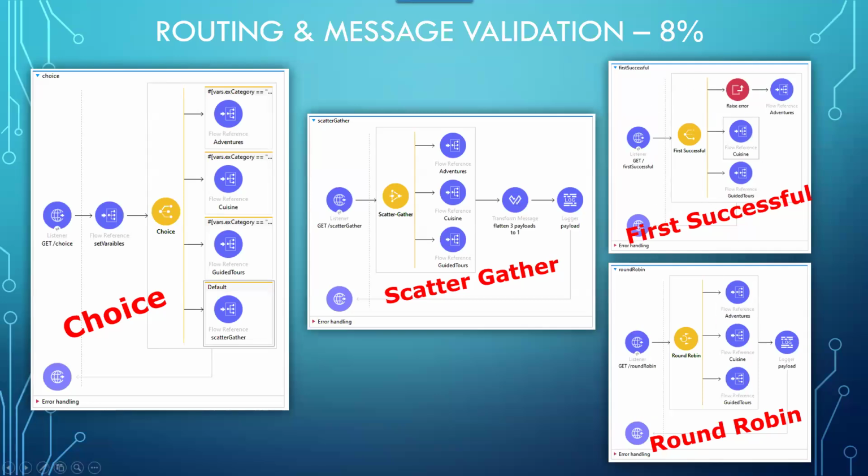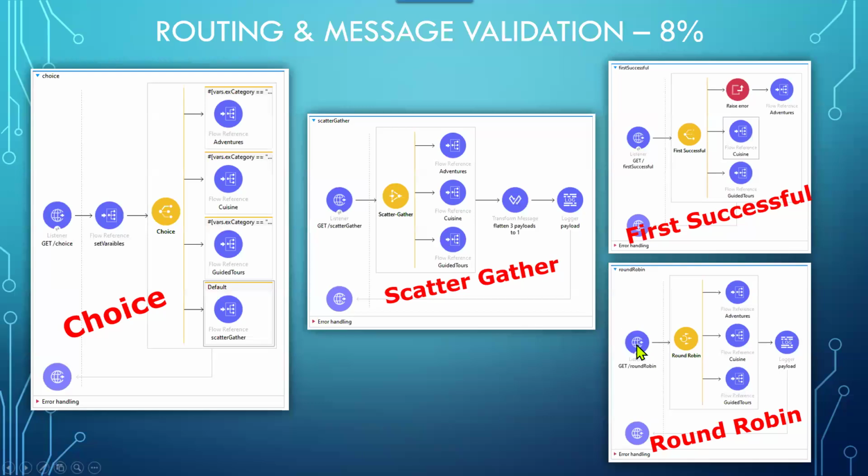So that's first successful. And then round robin is kind of interesting. People end up walking away thinking it's kind of like a router, or kind of like a load balancer is what I meant. I should say the first request that comes in is going to route through route 0, and finishes.